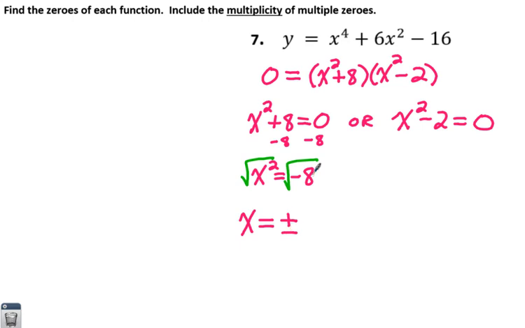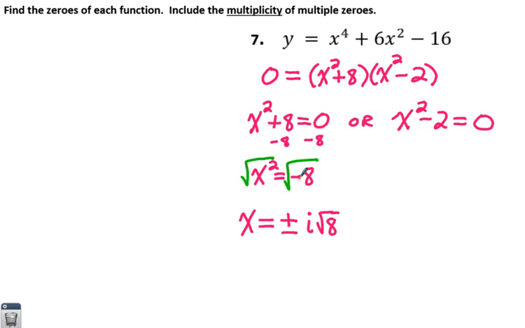Now, how do we do the square root of not only 8, but negative 8? First, maybe I'll break it down into multiple steps. The fact that it's the square root of a negative, you're going to bring that negative out as the imaginary number i.